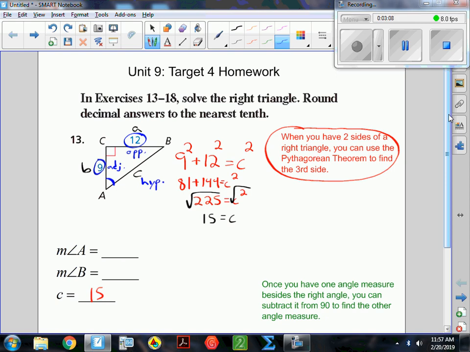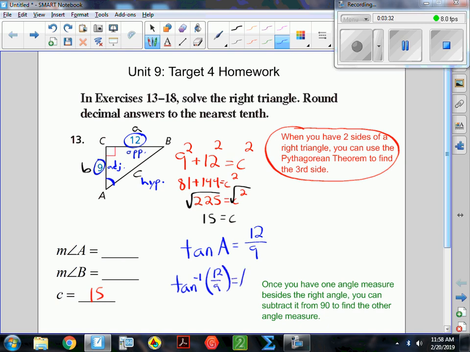And so my trig function that uses opposite and adjacent is tangent. So the tangent of angle A is equal to the opposite side, 12, over the adjacent side, 9. In order to find A, I have to do the inverse tangent. So I'm going to do the inverse tangent of 12 over 9.